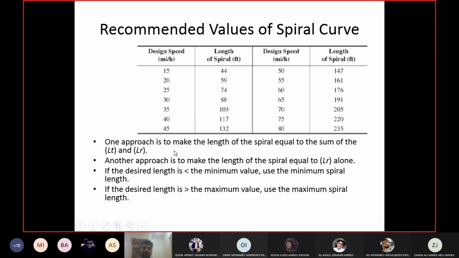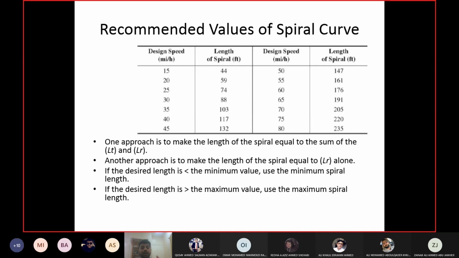Second option is you calculate LT and LR, the length required for tangent runout and super elevation runoff, and make LSP equal to LT plus LR. The length of the spiral curve equals tangent runout plus super elevation runoff. The full transition you need to go from normal to full super elevation, you make it equal to LSP.